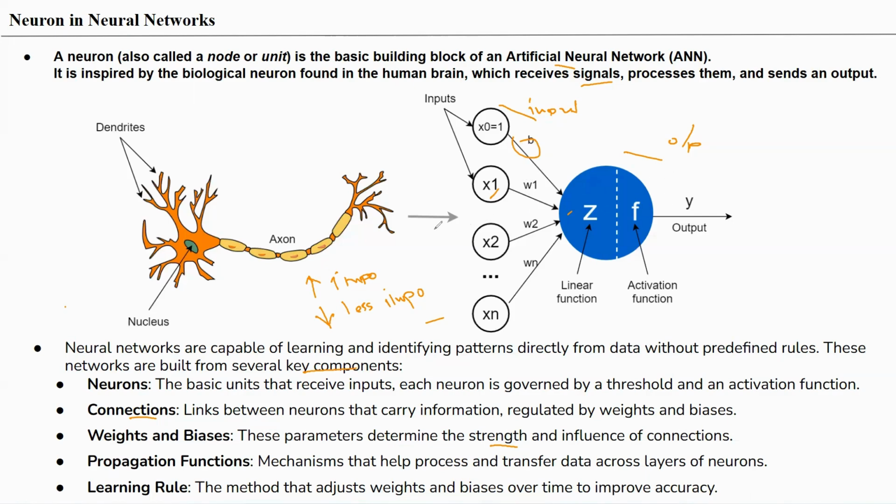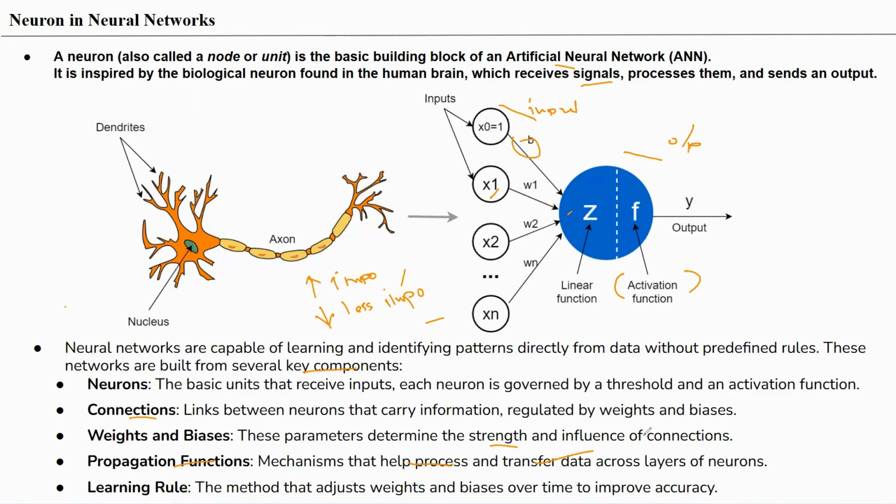Coming to the propagation function, the so-called activation function. The propagation function, also called the activation function, is a mechanism that helps process and transfer data across layers of neurons.